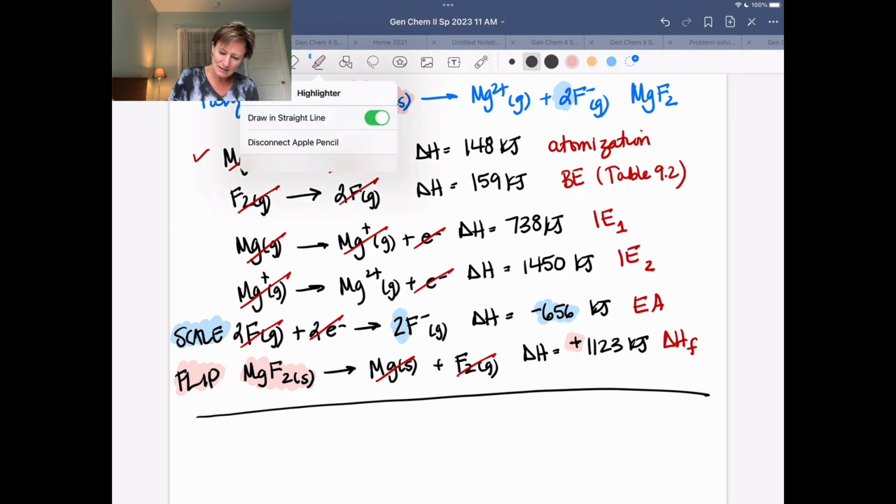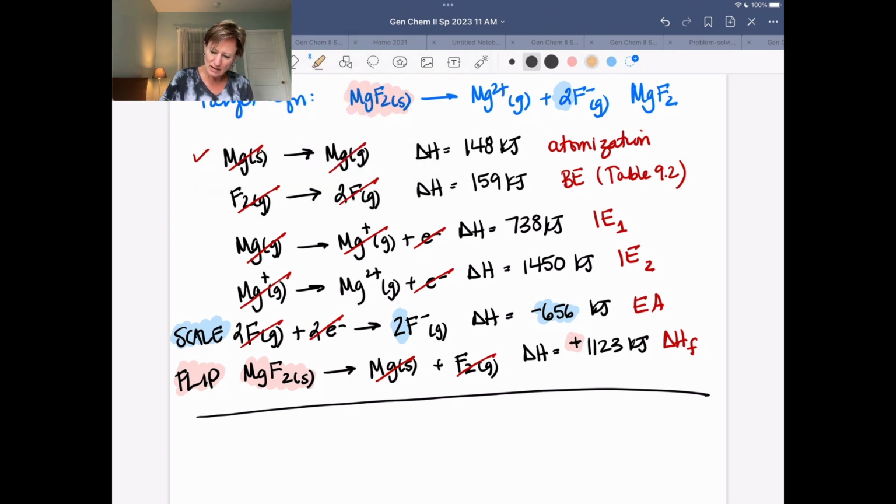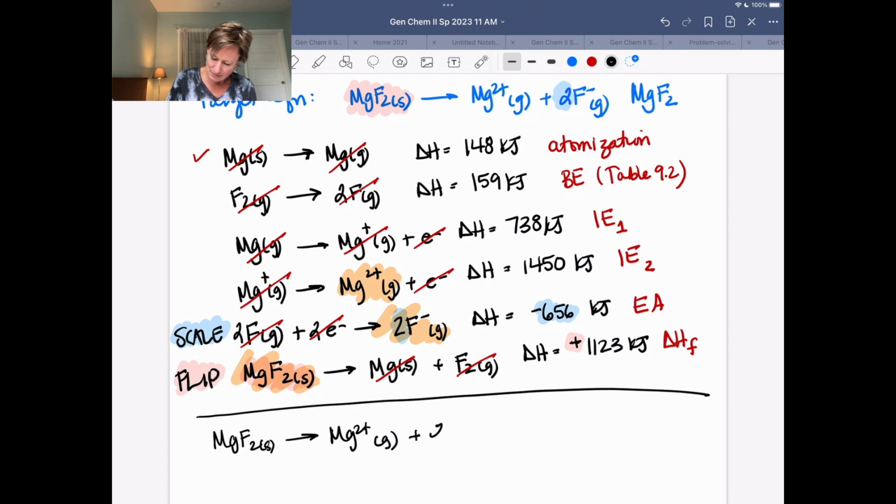So if I'm highlighting the pieces that are left over, I've got this piece, this piece, and that piece. I'm going to keep them in the same place. I've got MgF2 solid goes to Mg2+ gas plus 2F- gas, okay?